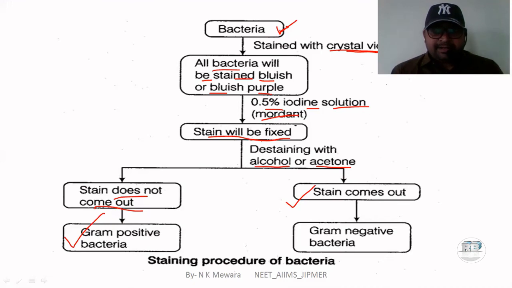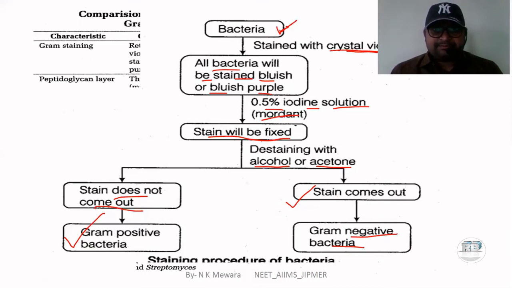Here the bacteria have a red color, not purple or bluish. This means the crystal violet stain is removed, so this is a Gram negative bacterium. Hope this slide and this procedure are understood.